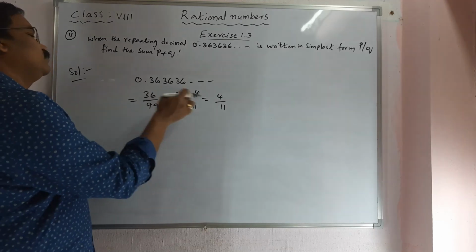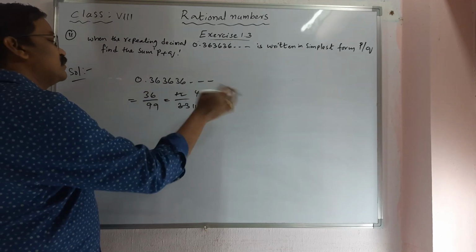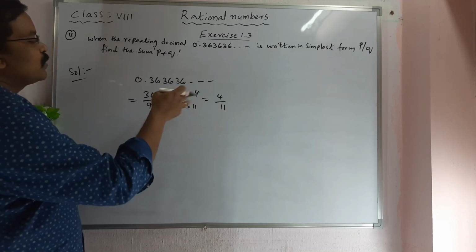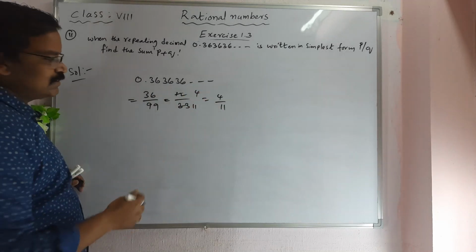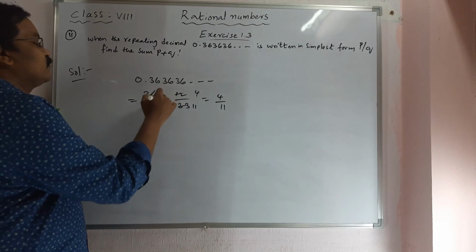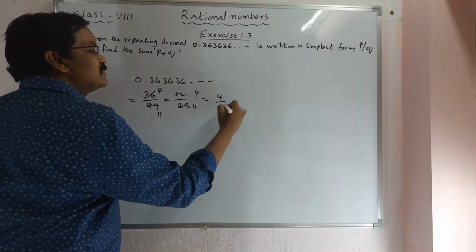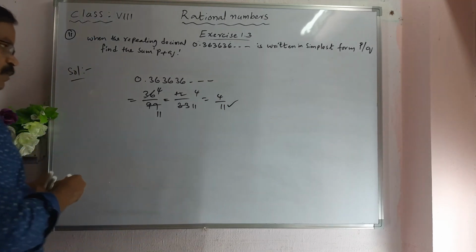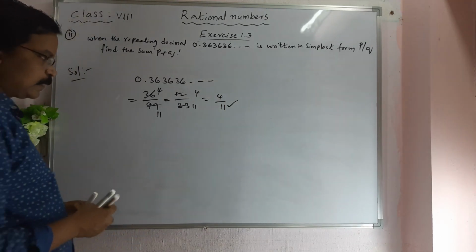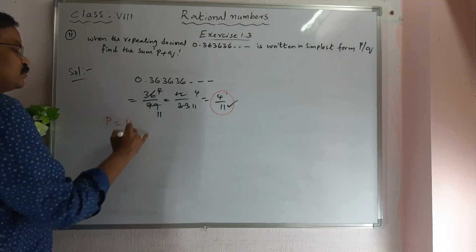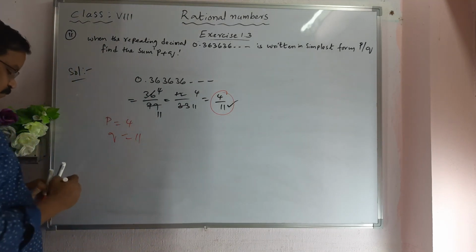Directly you can cancel here, 4 9s are 36, 11 9s are 99. So this is 4 by 11, the simplest form of 36 by 99, where p is equal to 4, q is equal to 11.